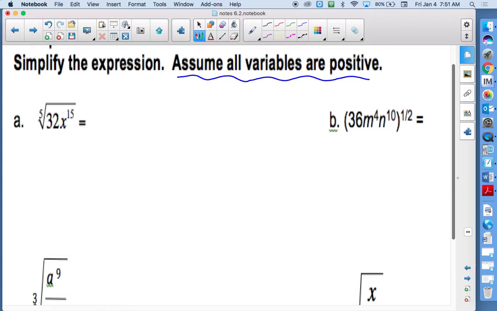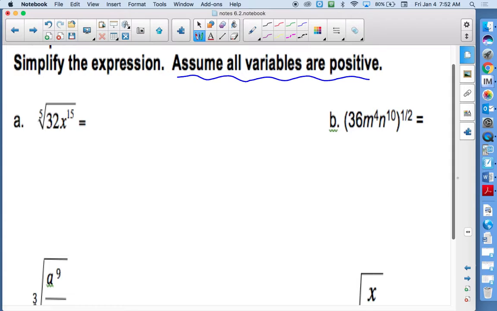Or if we have a 4th root, we can't take a 4th root of a negative number. So that information is given to keep the variables positive, so that when we take an even root, it becomes a positive value. So in A, we have the 5th root of 32 and then x to the 15th.